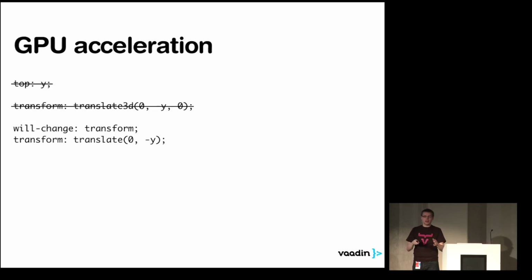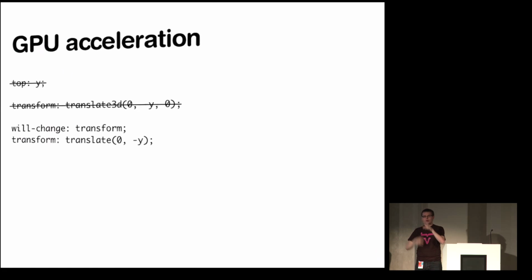And then the browser can intelligently see that, okay, we have enough resources in the GPU memory buffer, and so on. And therefore it will actually make it hardware accelerated in the same way, even though we use the regular 2D transform and not the 3D one.